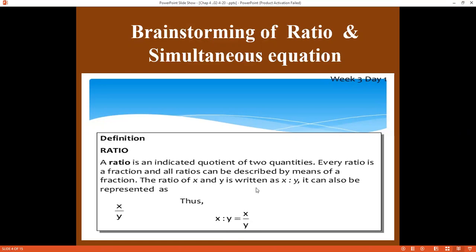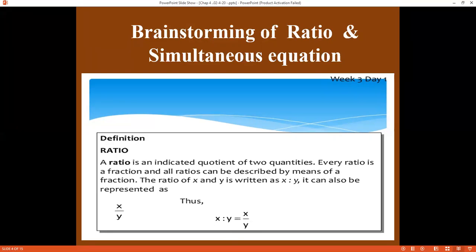So comparison of two quantities, two things, is called ratio. When you have two quantities, it can be x and y, you can use any variable, any letter from the alphabet, any number, any quantity for the ratio.